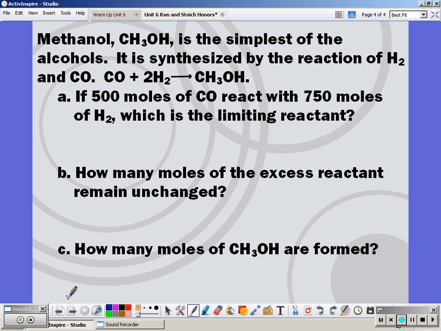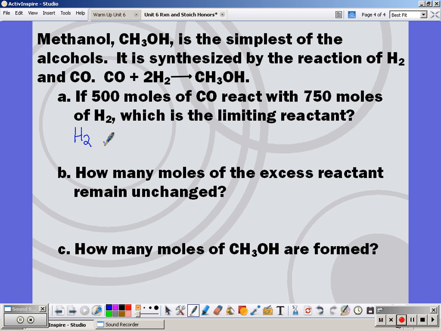So I'm going to take 500 divided by 1, 750 divided by 2, which one is a smaller amount? So 750 divided by 2 is 375. That is less than the 500 divided by 1, giving me 500. So hydrogen is my limiting reactant.